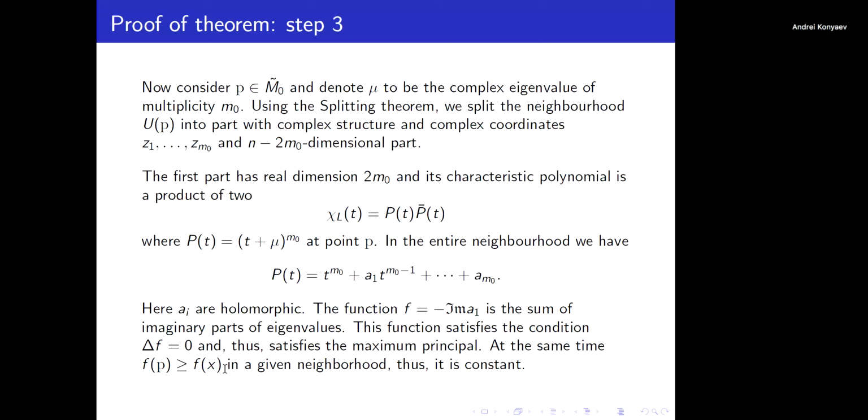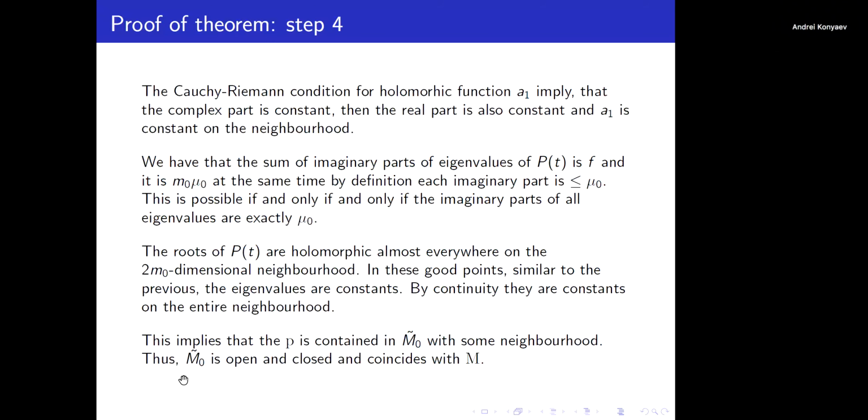But what we say here is that, at most, this function equals mu0 times m0, right? Because this is what we get at the origin. So thus, by the maximum principle, it is constant.